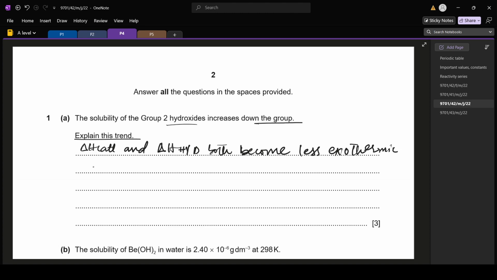Okay, why? You can write the reason, but the reason is not that necessary according to the marking scheme. So the lattice enthalpy and hydration enthalpy both become less exothermic, and lattice enthalpy changes more.